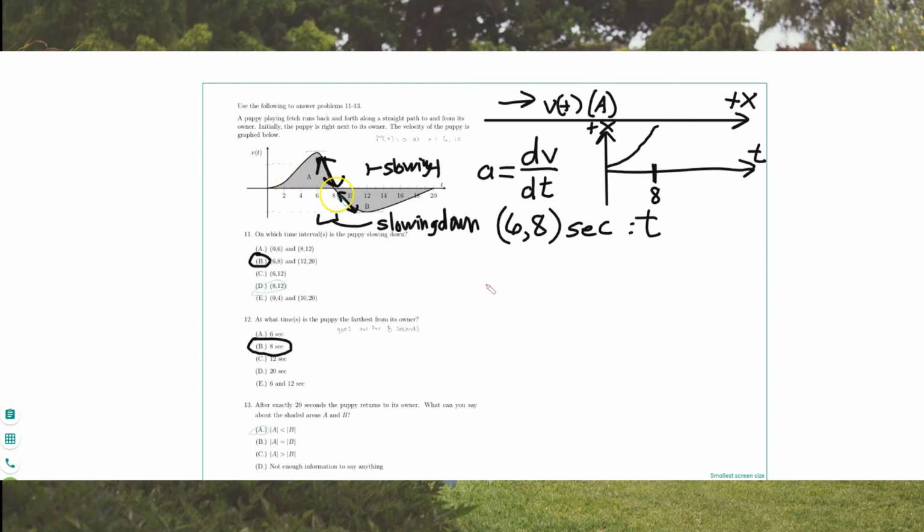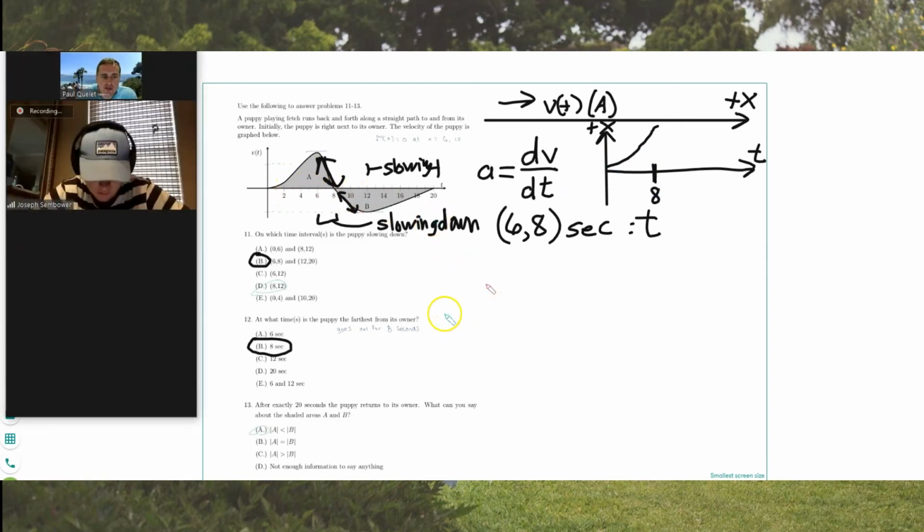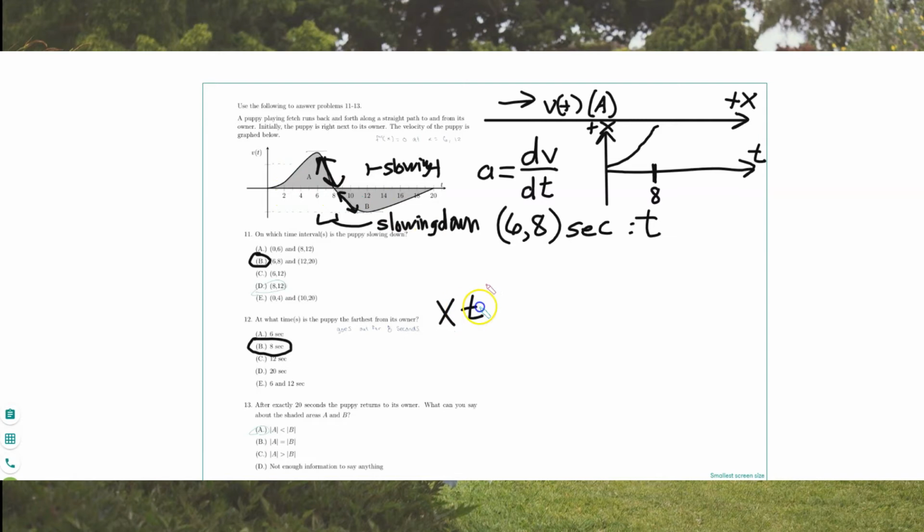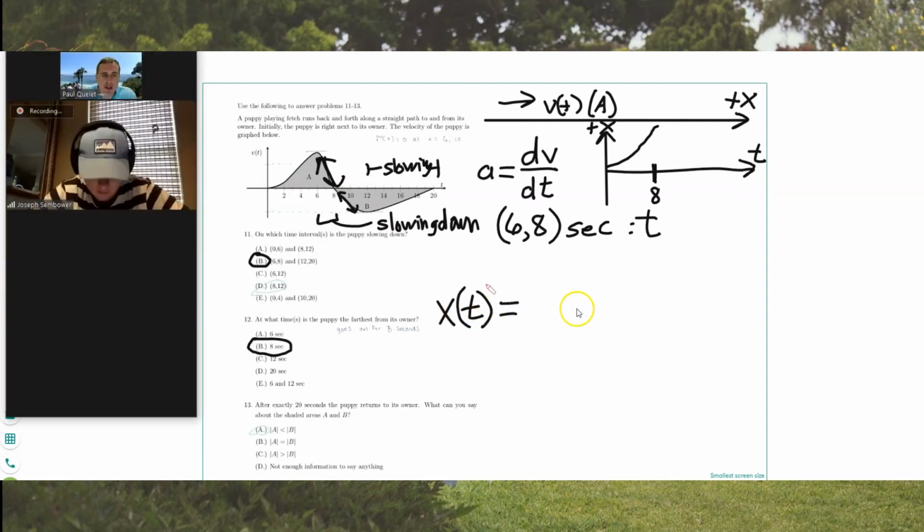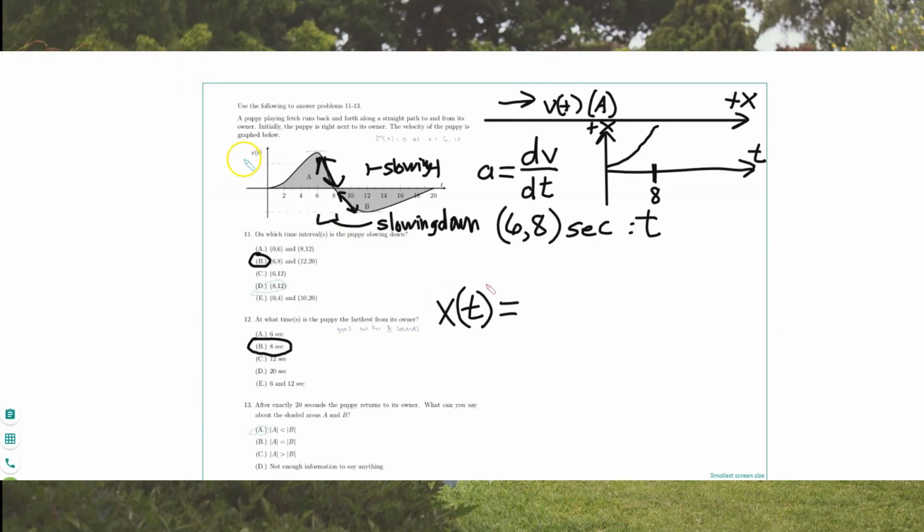Because it turns out that the position function, x of t, is what calculus operation starting with the velocity function? I'm saying the position function is what calculus operation related to the velocity function. You take the position and you take the time derivative, you get the velocity. But if we start with the velocity, because that's what we have to start with, right?